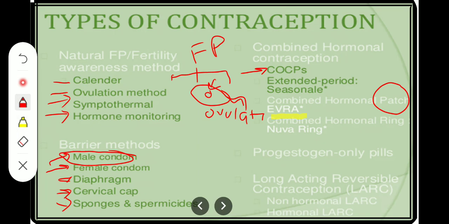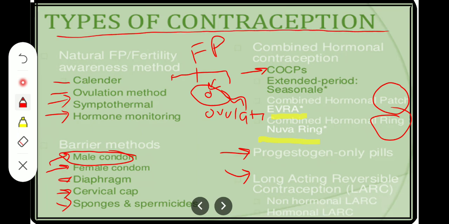And we have NuvaRing, which is basically a combined hormonal ring, used by the patient intravaginally. Apart from the combined pill, we have the progesterone-only pill. We have the LARC methods, long-acting reversible contraception, which may be hormonal or non-hormonal. So this table just gives an overview of what types of contraceptive methods are available to us.